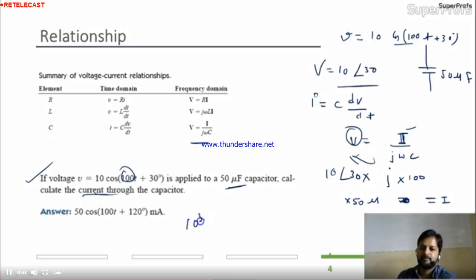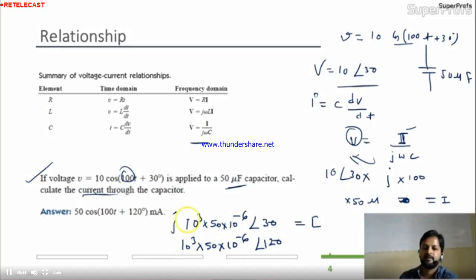So 10 to the power 3 into 50 into 10 to the power minus 6 at an angle 30. This is nothing but I. J is also here. J means plus 90 you have to add over here. So 10 to the power 3 into 50 into 10 to the power minus 6 at an angle 120. I told you in multiplication, j represents an angle 90.